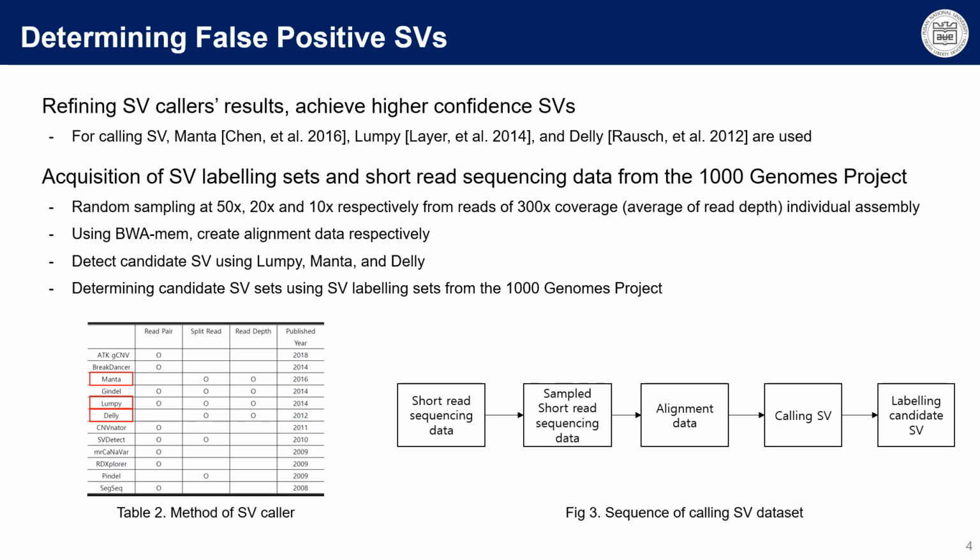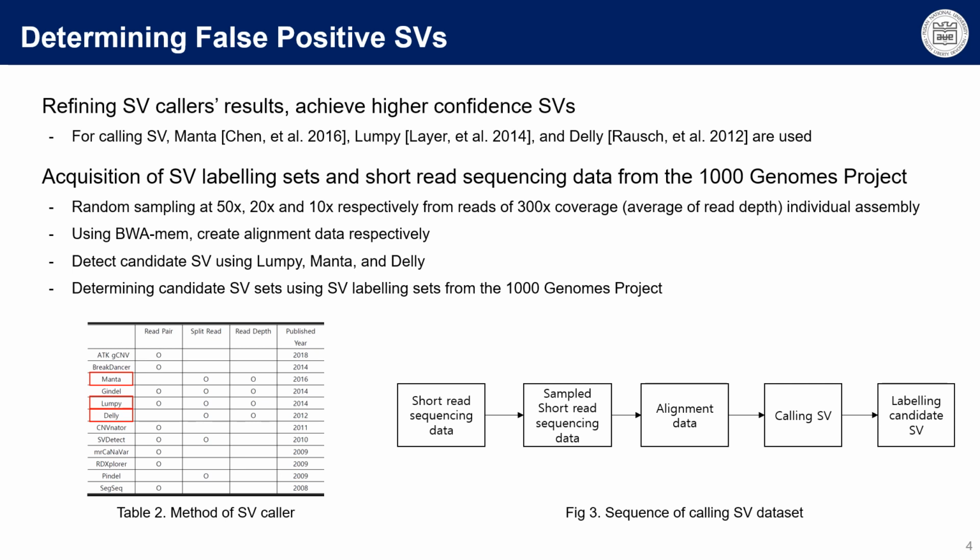In the next step, we randomly sampled at 50, 20, and 10 coverage respectively from the 300 coverage dataset, and then created alignment data using the BWA-MEM program. These alignment data would be used for getting structural variation information, and the next stage is detecting a set of candidate structural variations using the callers.